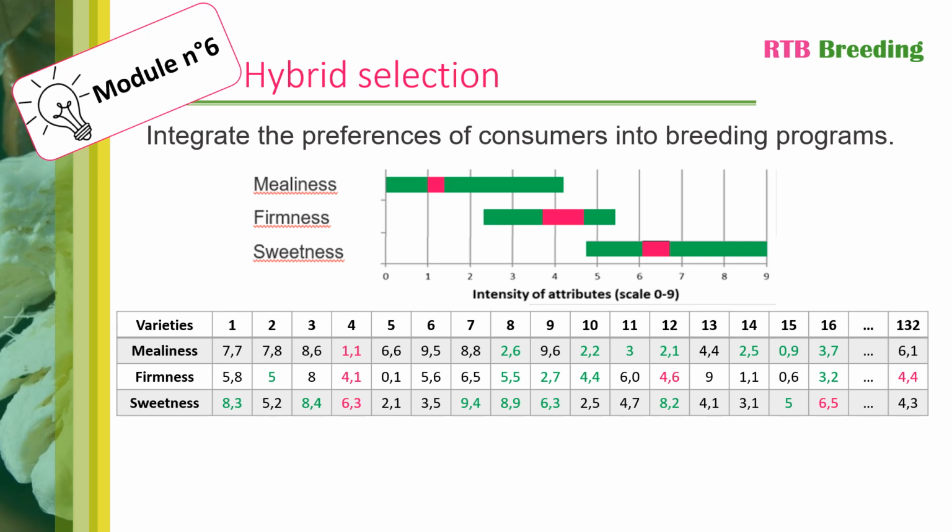Scores in green indicate that the intensity is within the range corresponding to the acceptability thresholds, and in pink within the range of the optimal thresholds. For a banana variety to be considered acceptable, all its scores must be in green, and for the variety to be optimal, all 3 scores must be in pink.